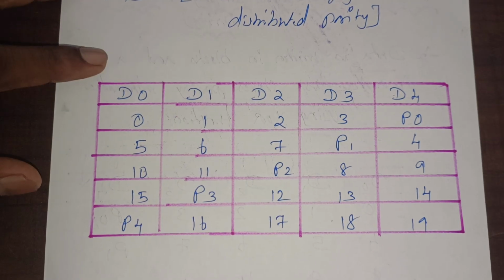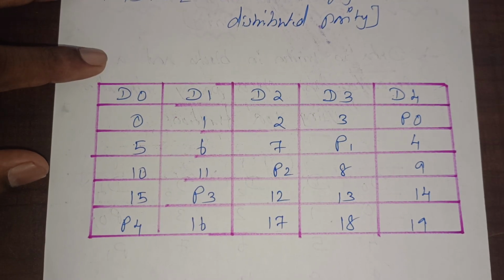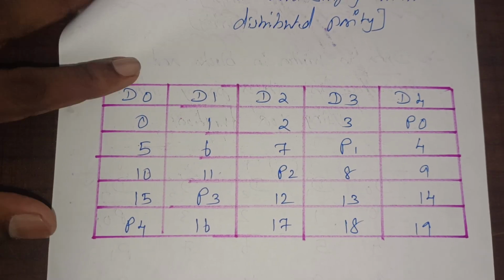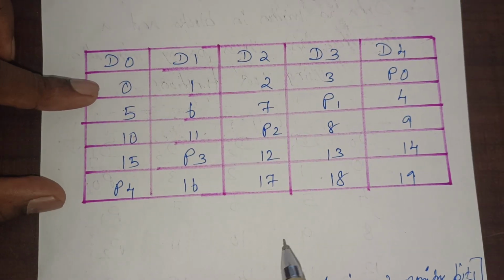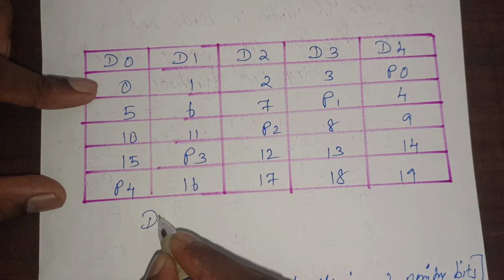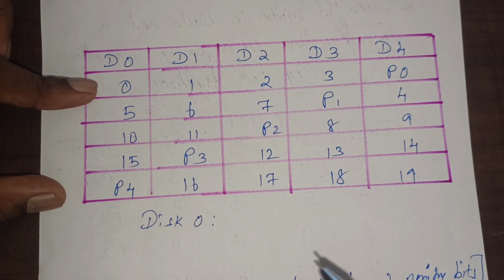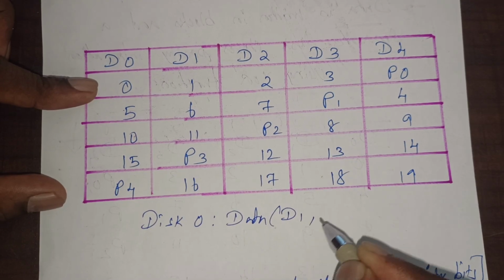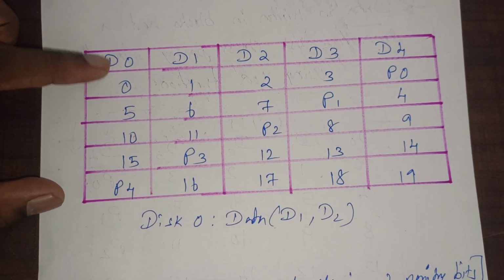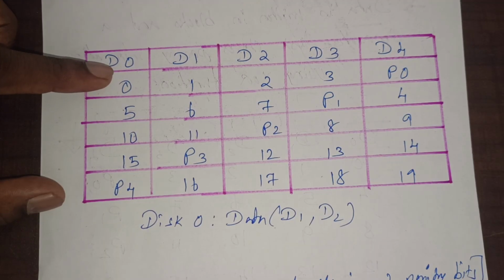That's a point. Okay, so let me tell you an example of how this process works. Say for example, this is for your understandability. For example, disk number 0. We have data called D1 and D2. Disk number 0 I'm talking about, right?